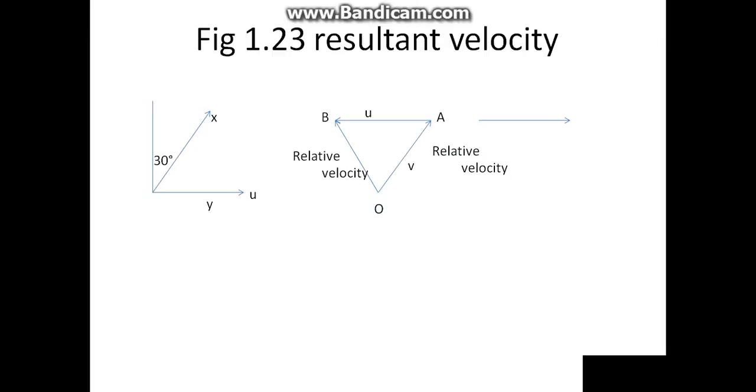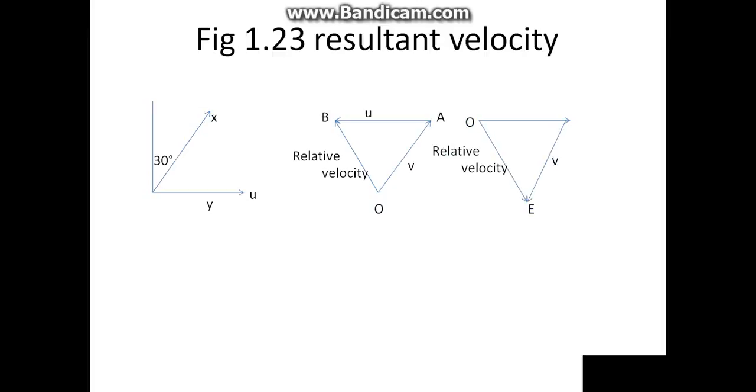Figure 1.23, resultant velocity. A force X is being drawn at an angle of 30 degrees. ABO represents the relative velocity. Example 4.